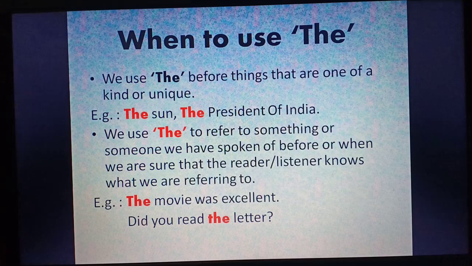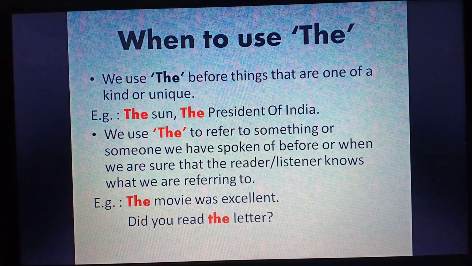Now, we use the to refer to something or someone we have spoken of before, or when we are sure that the reader or listener knows what we are referring to. The movie was excellent. Did you read the letter?